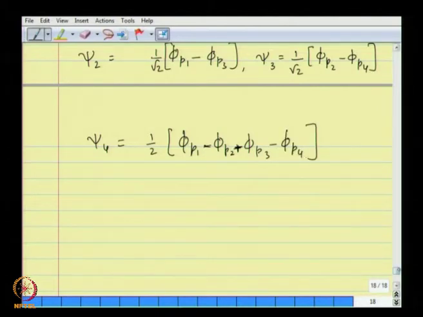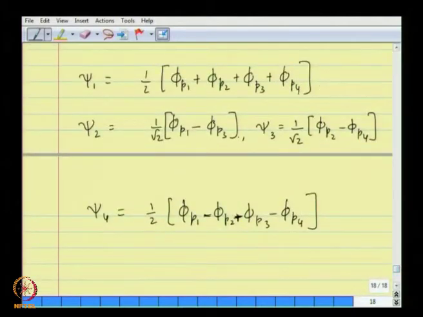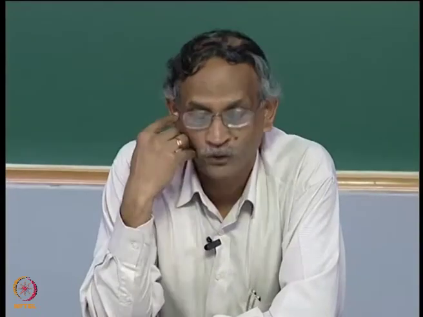Well, the reason why we choose this instead of taking all 4 linear combinations is pedantic in this case, because you see that psi 2 and psi 3 correspond to degenerate orbitals, and if you are talking about degenerate systems, any linear combination of those 2 wave functions is also an eigenfunction of the same Hamiltonian.